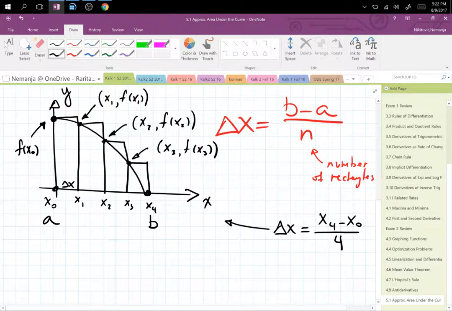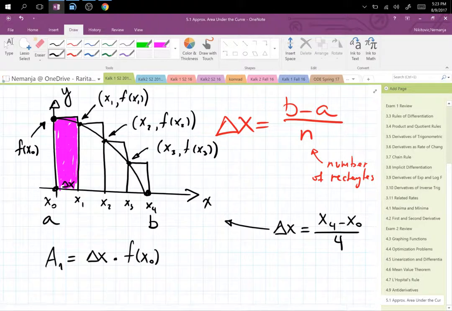Now if you take a look at any of these rectangles, we'll take the first one here. To calculate the area of that rectangle, area 1 is equal to delta x, which is the width of the base, times the function computed at x0, because you have the width times the height.